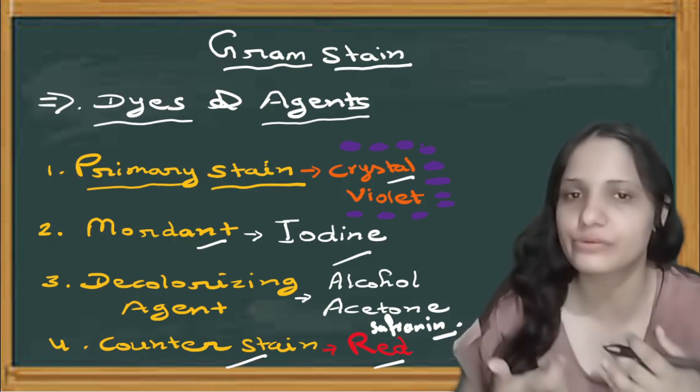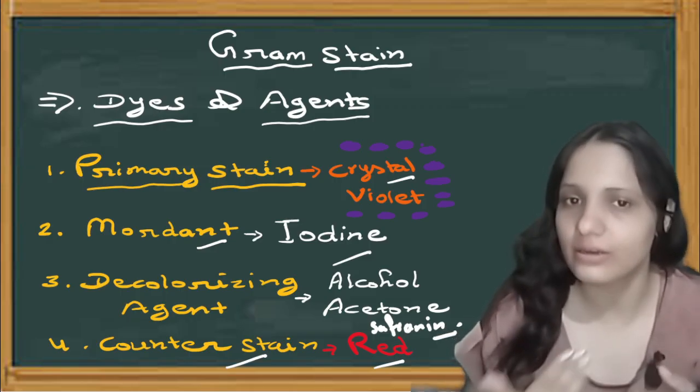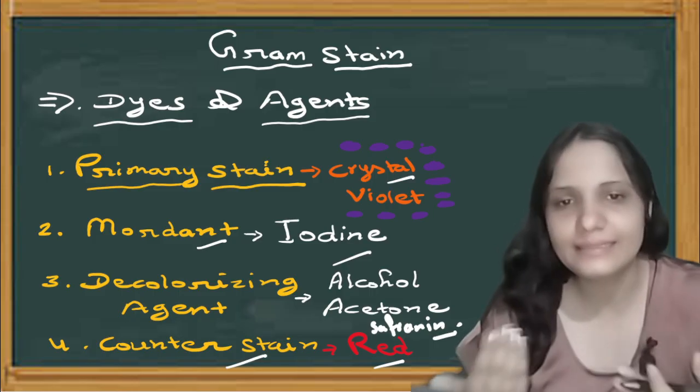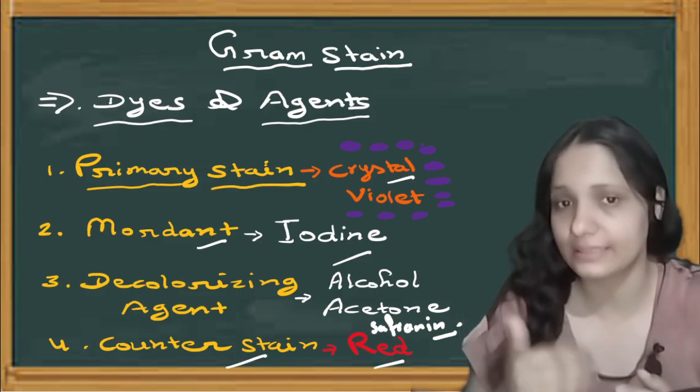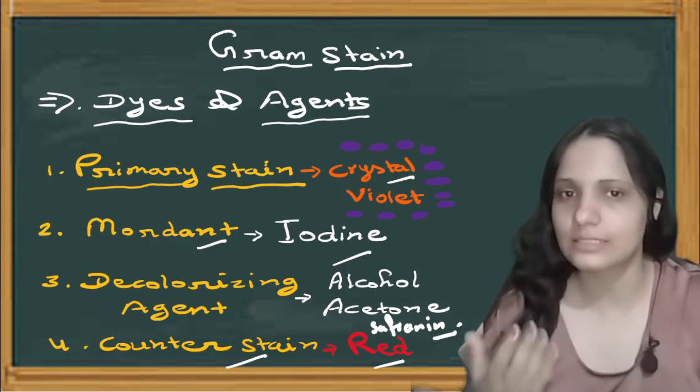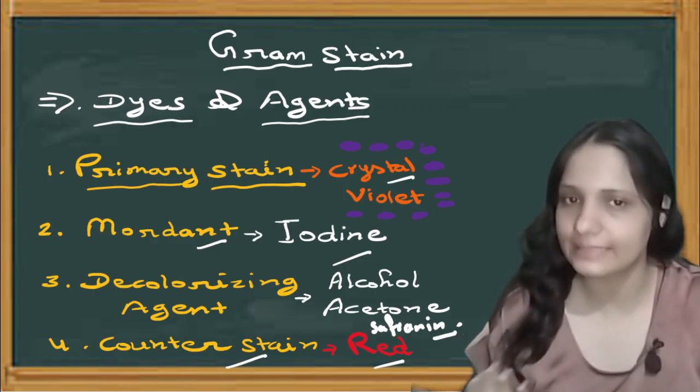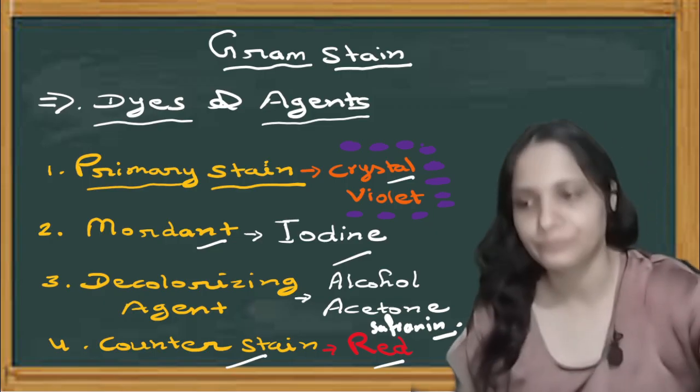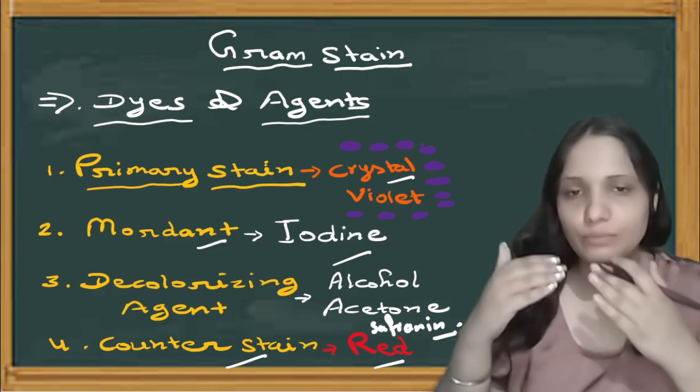Why we need a decolorizing agent in this staining technique, we will understand when we discuss the procedure of gram staining in detail. First, remember the names of these components.